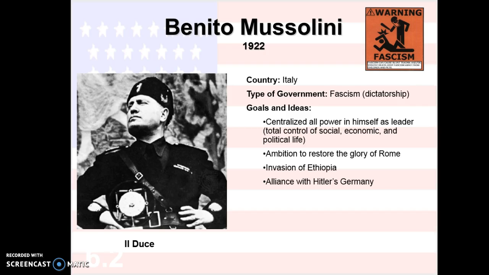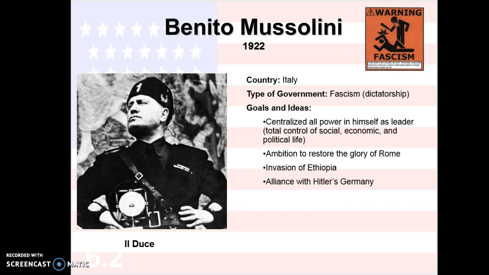Next we have Benito Mussolini, who is from Italy. He is a fascist dictator, and fascism is an aggressive nationalistic movement that considers the nation more important than the individual. Fascists and communists don't really get along at this point. They're not the same thing, but they're still dictators. They called Mussolini Il Duce.